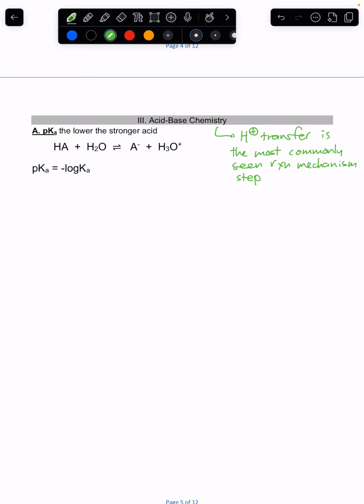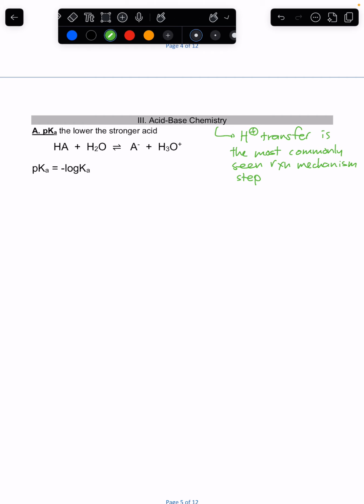And I call that a step because a particular reaction mechanism, meaning how a particular reaction happens, might involve multiple steps. Maybe the first step is exchange or transfer of a proton, and then followed up by an addition reaction or something like that. Anyway, this is just mostly review of general chemistry, hopefully.